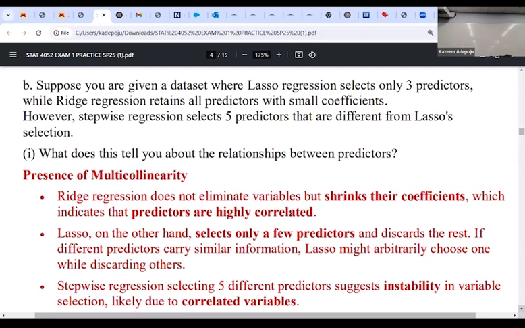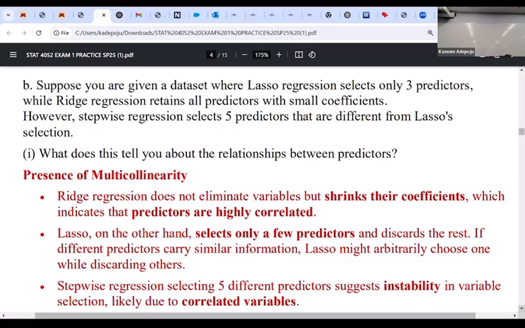If different predictors carry similar information, lasso might arbitrarily choose one while discarding the other. What lasso normally does, if two variables are causing a problem, is that it can discard just one of them and still retain the other one.